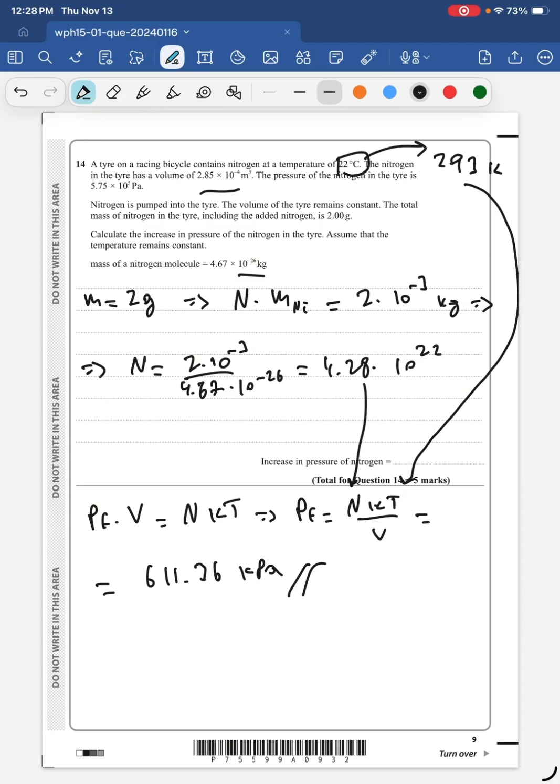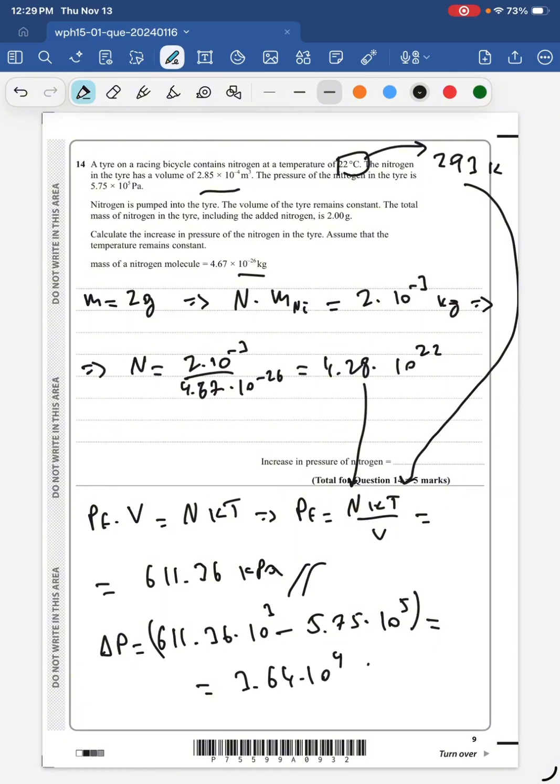Okay, so all you have to do is to find the difference in pressure, which is pretty much we have to subtract 611.36 times 10 to the 3 pascals minus 5.75 times 10 to the 5 pascals, which gives us 3.64 times 10 to the 4 pascals.